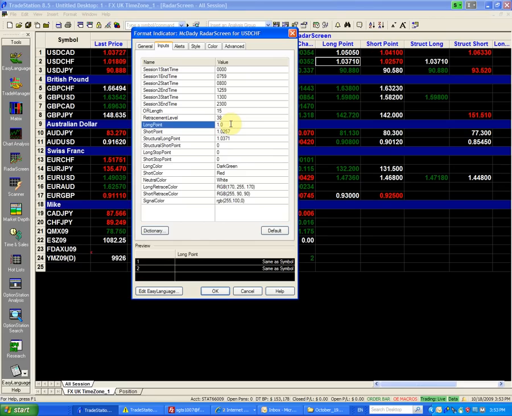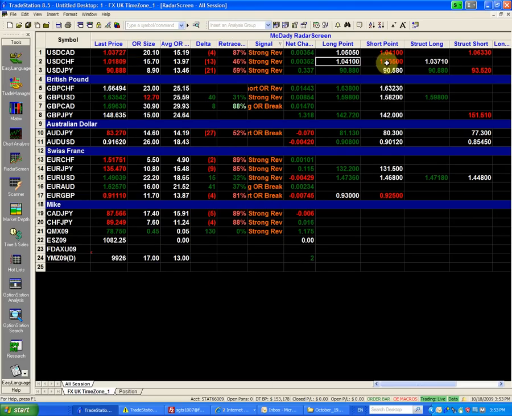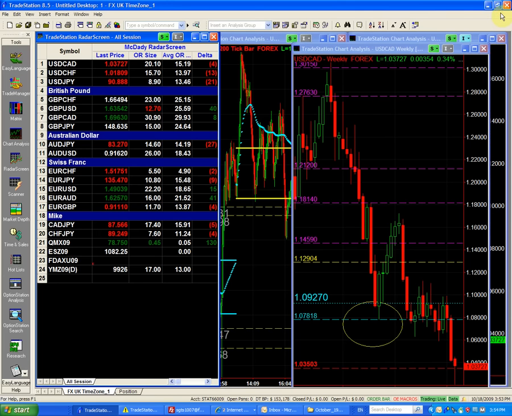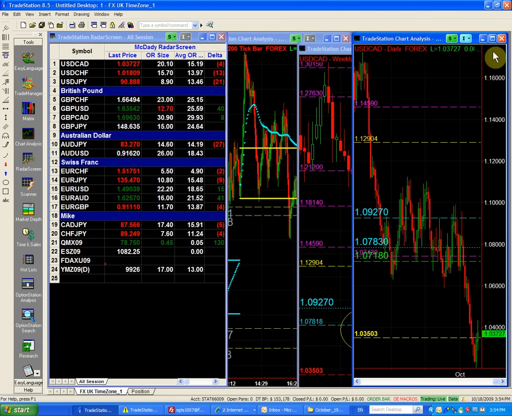My long point is going to be 104.10, and our short point is going to be below the 103.50. So the 103.50 is going to be my short point. My buy point, we have covered our shorts, and we can begin to initiate a long on the dollar CAD.